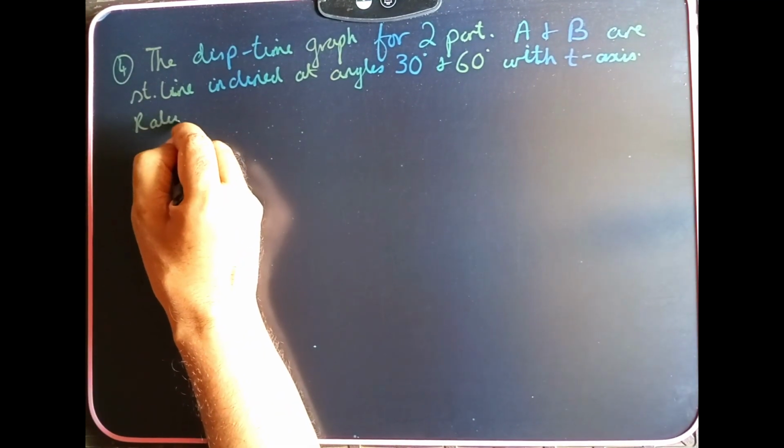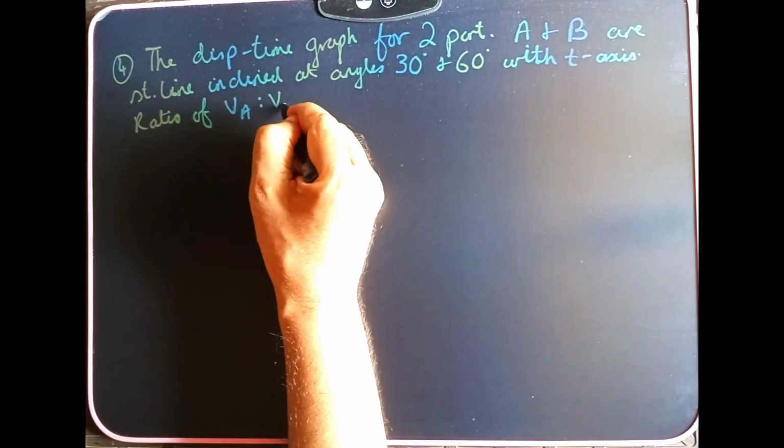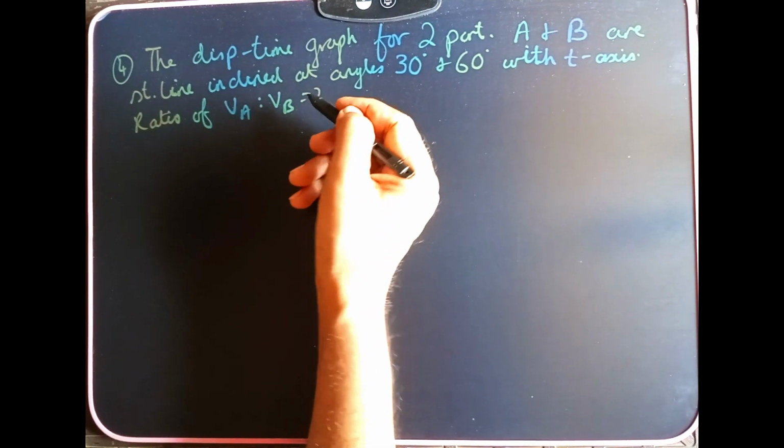The ratio of velocity of A with respect to velocity of B is how much?